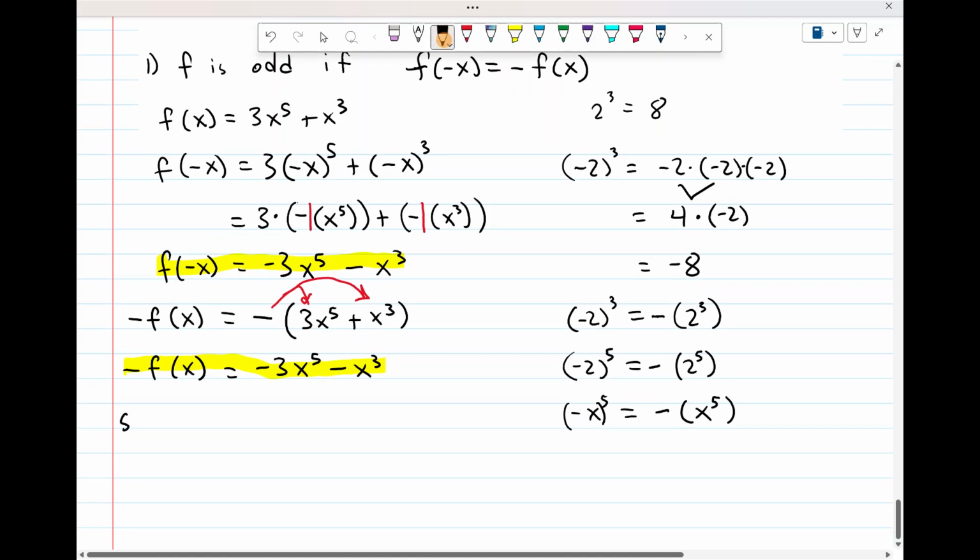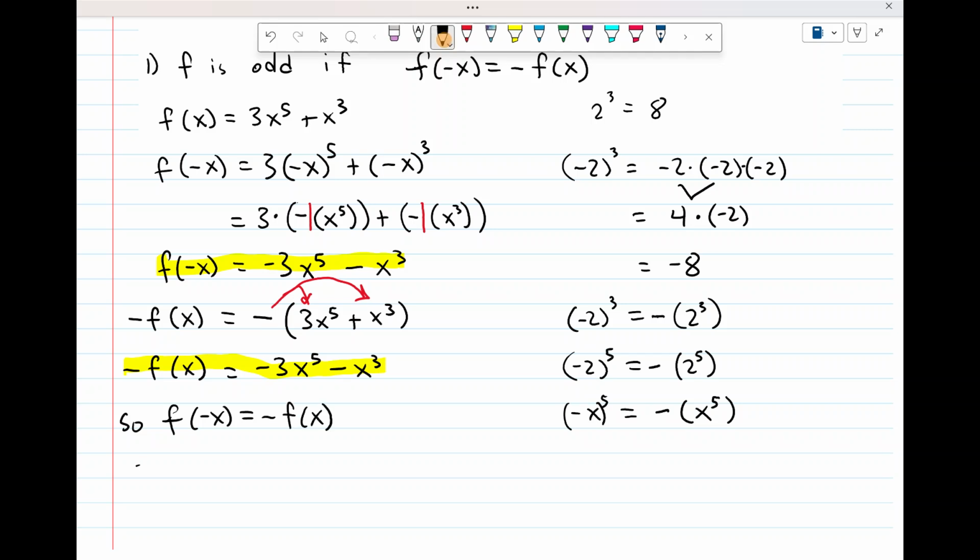So f of negative x is equal to negative f of x. So f is odd. So we know this is an odd function.